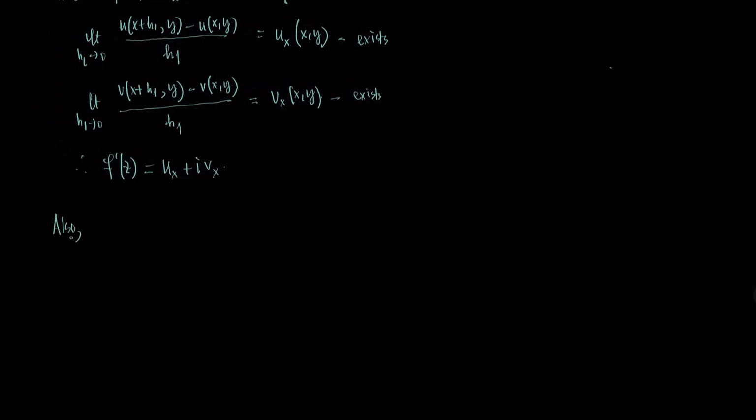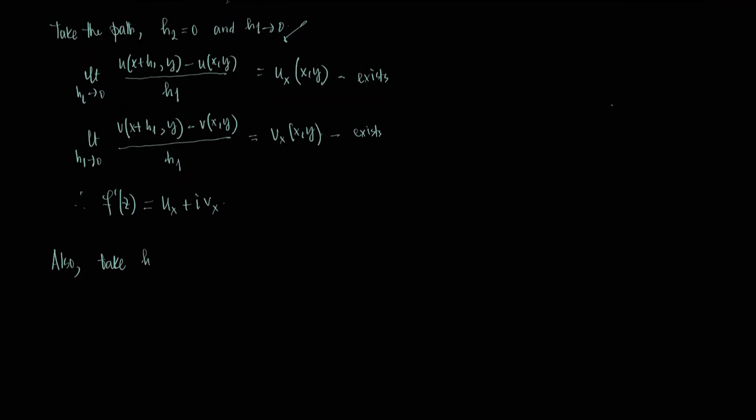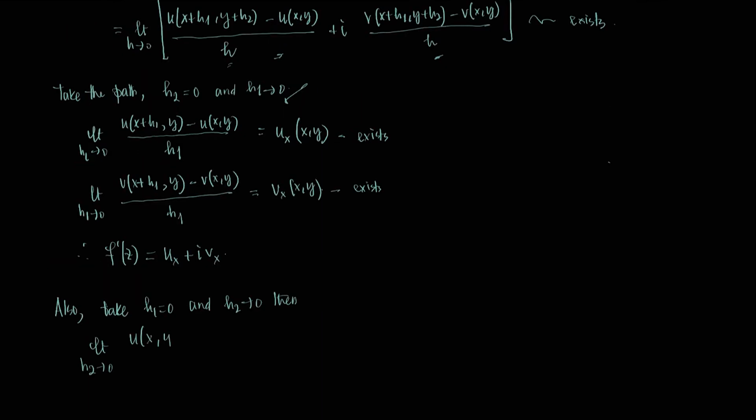Also, now let's look at the other part. If you take the path where h1 is 0 and h2 goes to 0, then limit h2 goes to 0 of u of x y plus h2 minus u of xy by h2 plus I v of x y plus h2 minus v of xy by h2, all by h2.